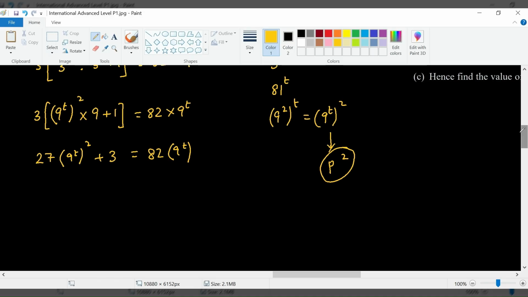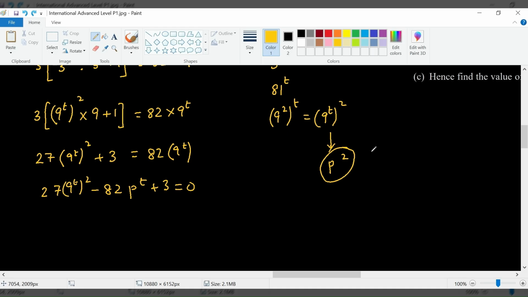Now in the next step, what I will do is I will bring this over here, 27 times 9 to the power t square, minus 82 times 9 to the power t, and plus 3 will be equal to 0. So what I have done is I have taken this whole thing onto the other side of the equation and made it minus 82 times 9 to the power t.